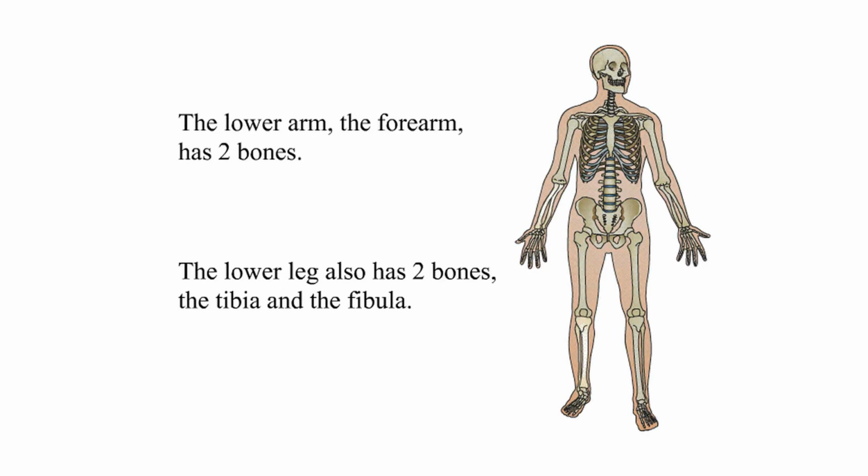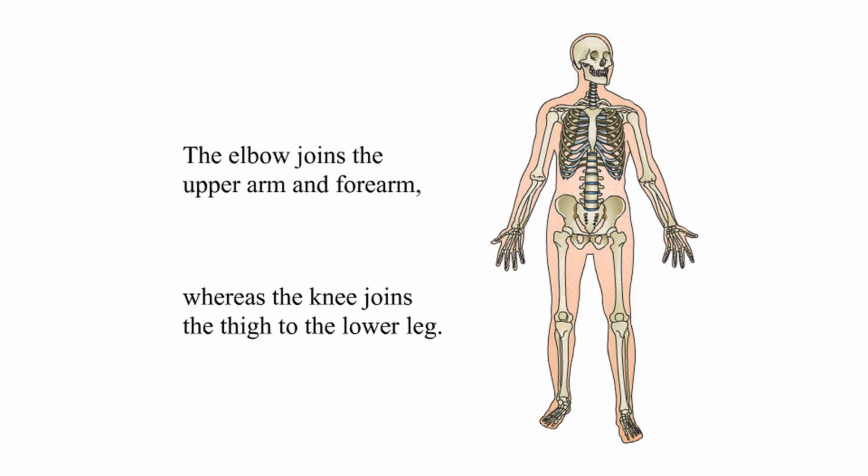The lower arm, the forearm, has 2 bones. The lower leg also has 2 bones, the tibia and the fibula. The elbow joins the upper arm and forearm, whereas the knee joins the thigh to the lower leg.